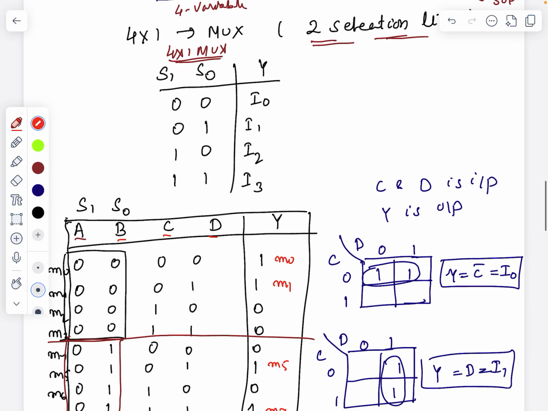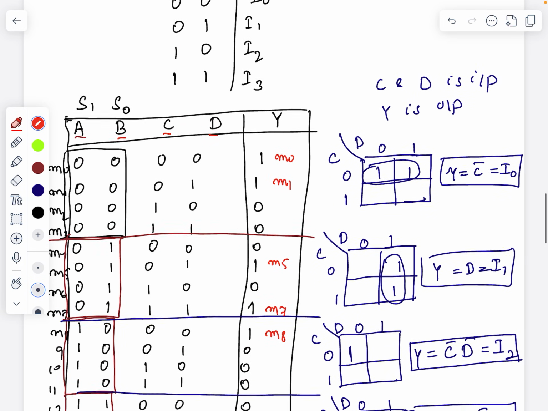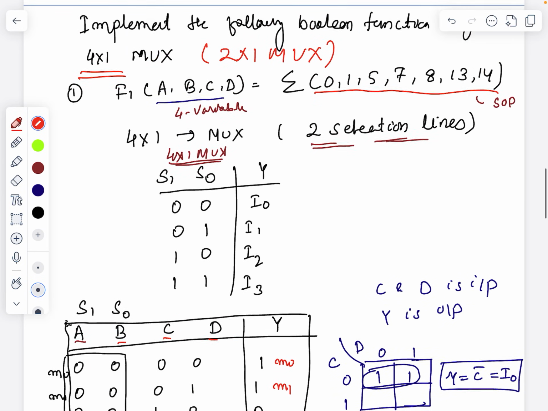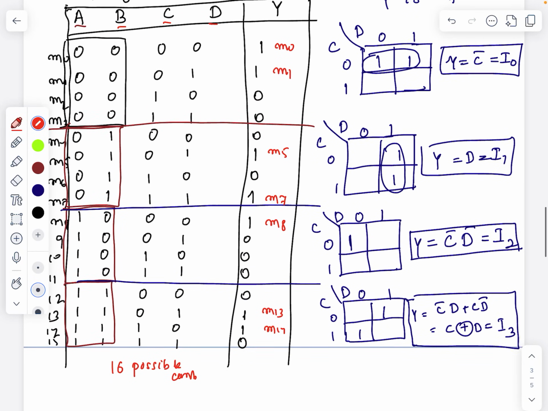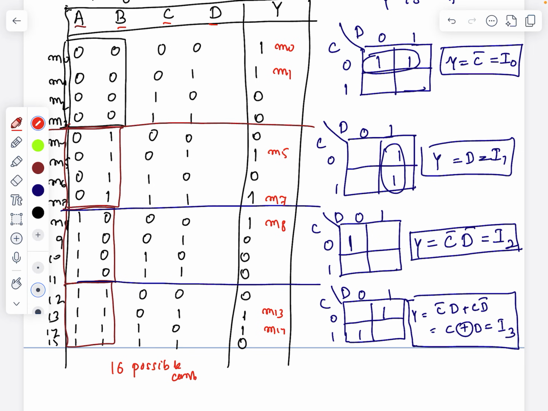These are the SOP terms for which I got output equal to 1, and for all other terms I got output 0. So now once I made the table, next I will go to the mux table.